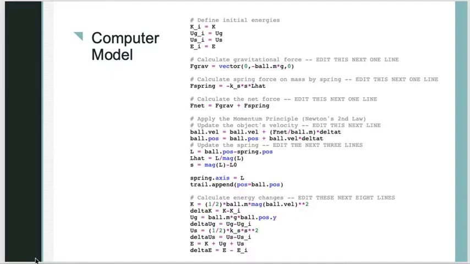And then I use this net force to calculate the position of the ball. Then, using the updated position of the ball, I update the spring. And then I calculate the energy change of the spring, of the kinetic energy, of the gravitational potential energy, and the total energy.